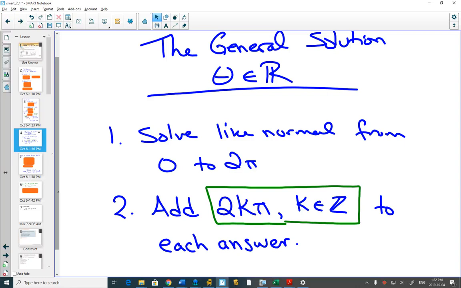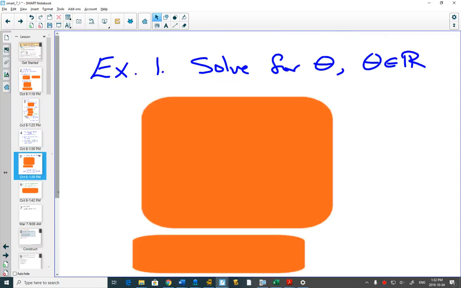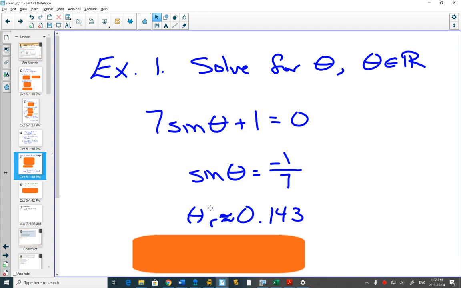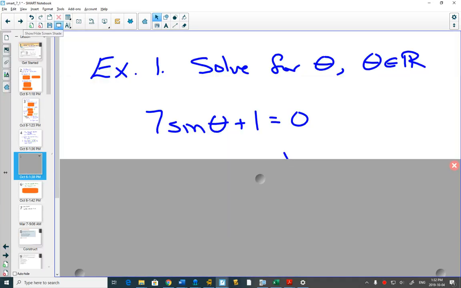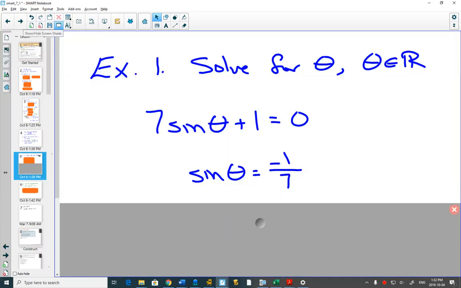So the next thing I'm going to get you to do is put an X through question number 1. We're not going to do that one. We're going to do this one instead. Solve for theta, where theta is a real number. 7 sine theta plus 1 equals 0.